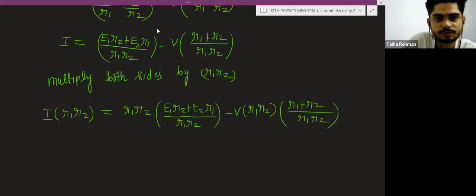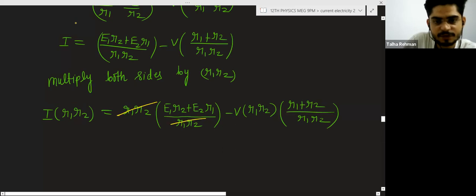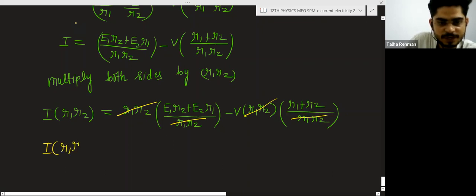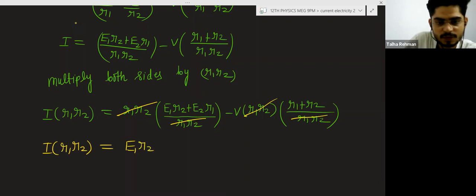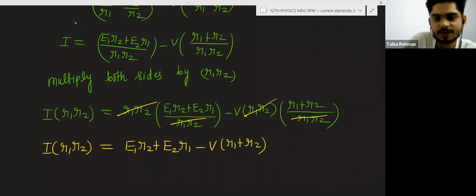Now this R1 into R2 and R1 into R2 are gone. So we will have I into R1 into R2 equal to E1 R2 plus E2 R1 minus V into R1 plus R2.